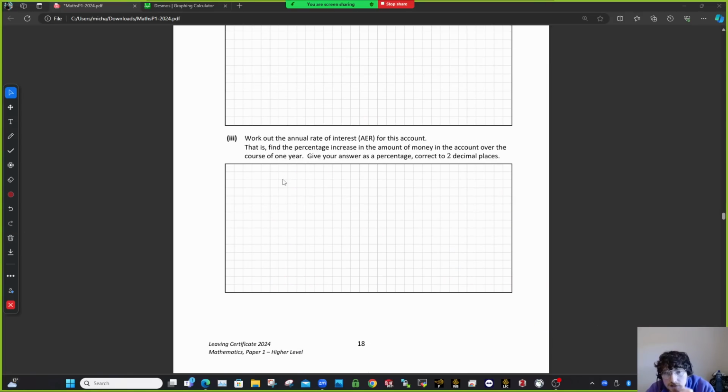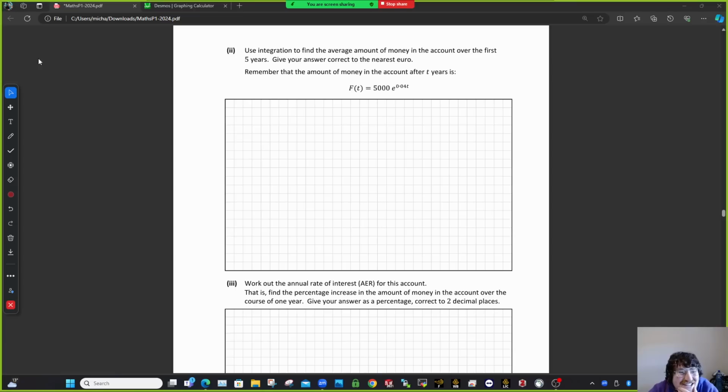Work out the AER. Yeah, it's a good question. So usually the future value looks like 5,000 times your 1 plus i, and you'll have your t here. So what's happened is this part of it here, and I'll write it like this as well, and then I bring the t out like that.